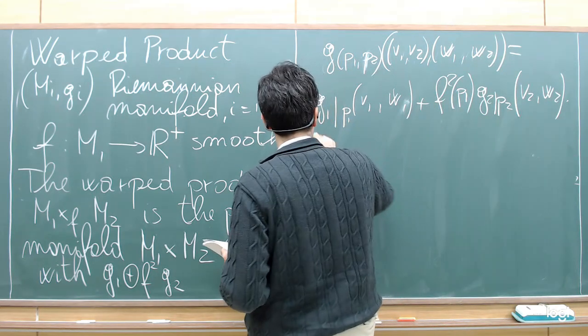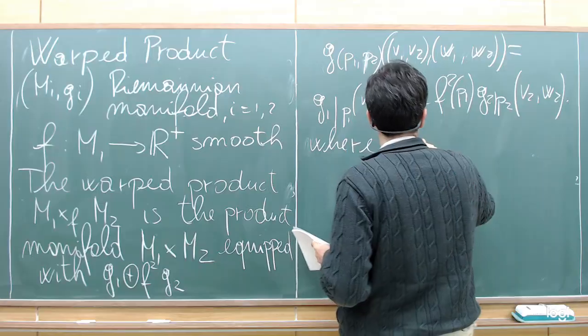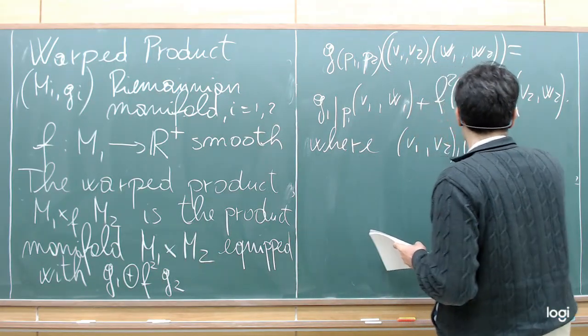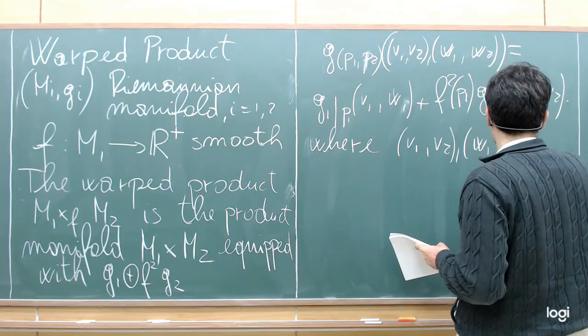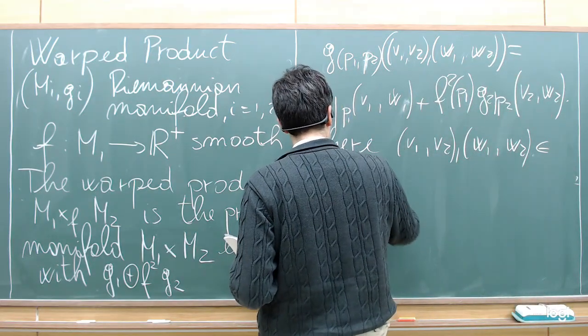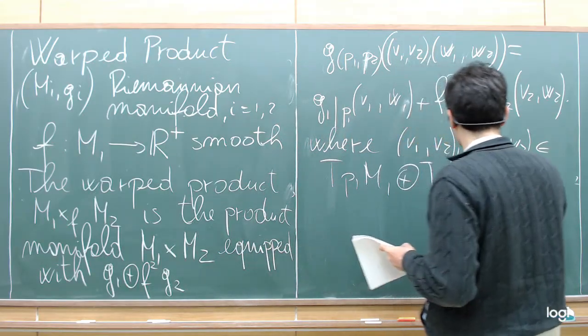where V1, V2, W1, W2 belong to T_P1 M1 plus T_P2 M2.